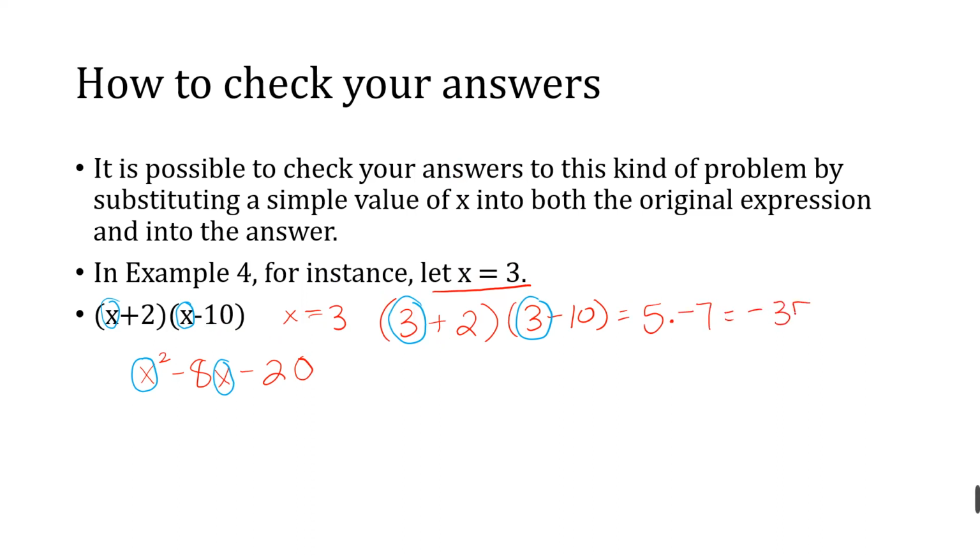negative 30. Hmm, 5 times negative 7 is negative 35. If I did, in fact, FOIL this correctly, I should get negative 35 when I plug in 3 for x into x squared minus 8x minus 20.